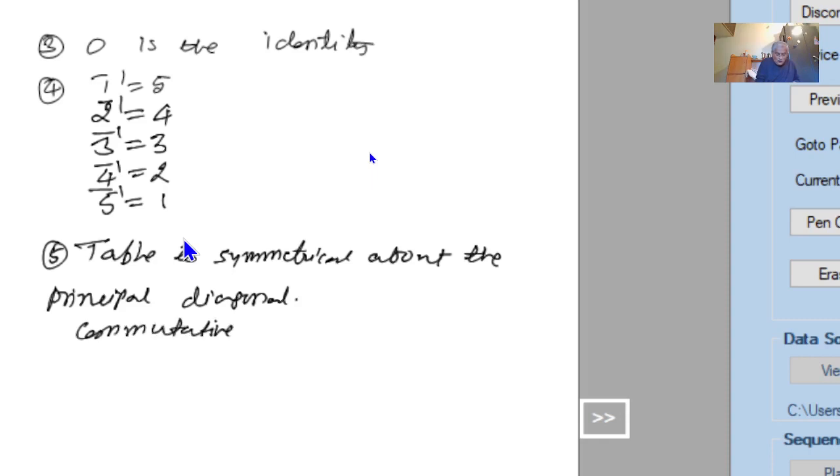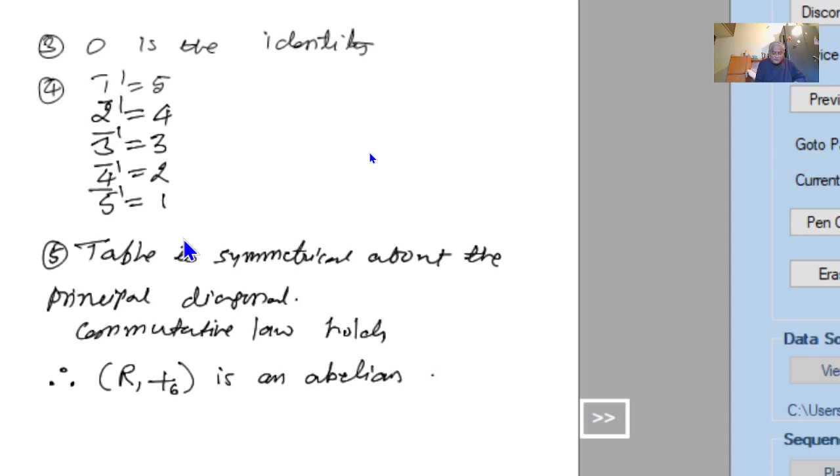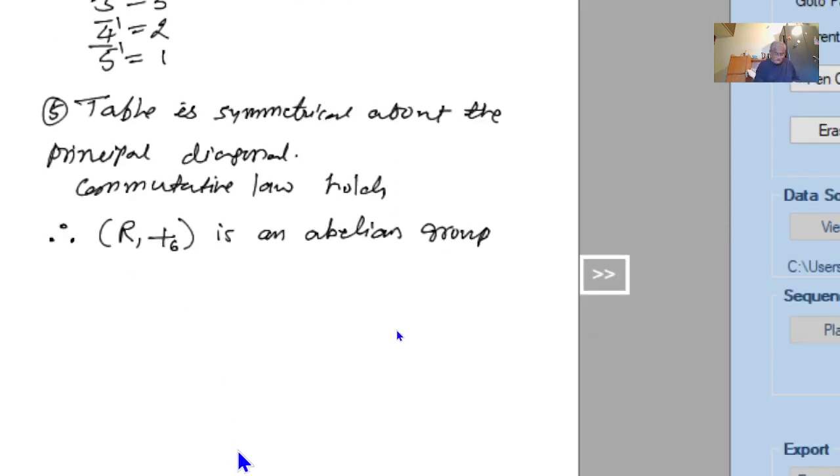So therefore, all the 5 axioms are satisfied. Therefore, R comma plus 6 is an abelian group. Okay, abelian group.